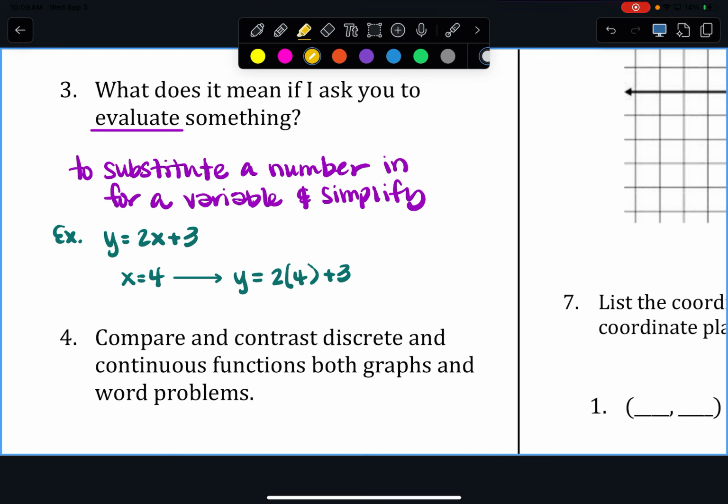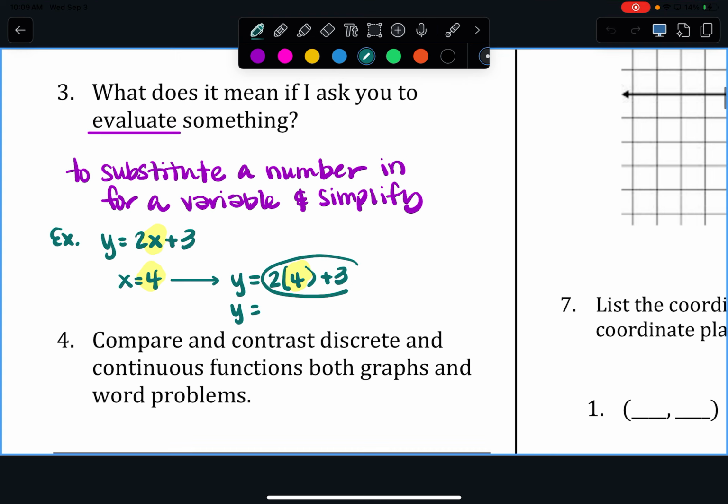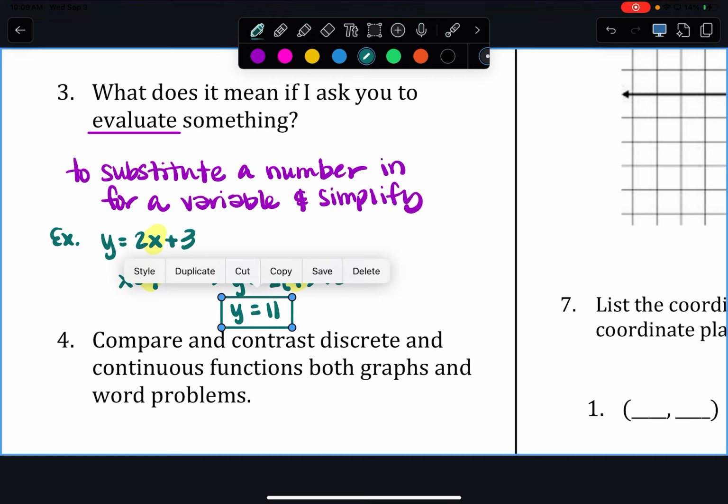So we take the x equals 4 and we plug it in for the x in that expression. And then you simplify it as much as you can. 2 times 4 plus 3 gives me 8 plus 3, which is 11. And that would be my answer when I evaluate y when x is 4. Okay, so that's all that means.